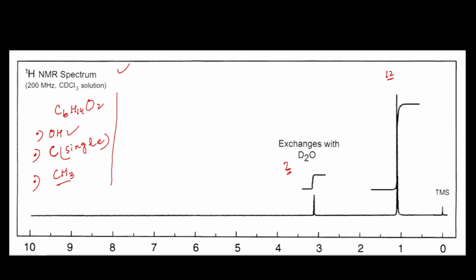Okay, here first of all the peak information that you get is almost 1.1 ppm. This is the approximate value, so it means that these protons are maybe due to the methyl group. Here, 12 protons are present in this methyl group. It means that 4 methyl groups are present in your structure, and the singlet peak shows that these 4 methyl groups are attached to carbon atoms that are not directly attached to hydrogen atoms.